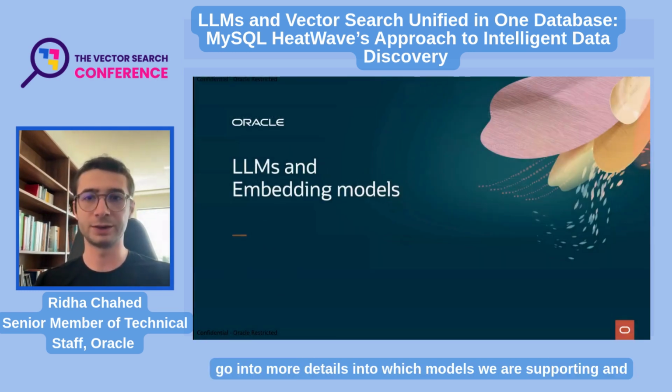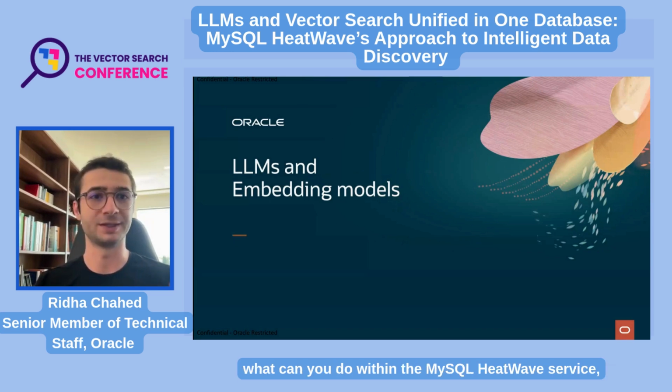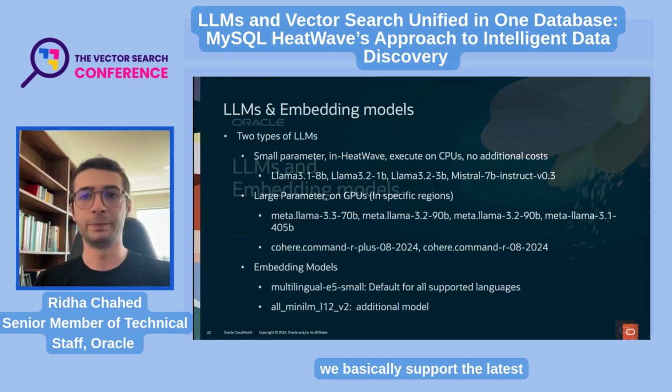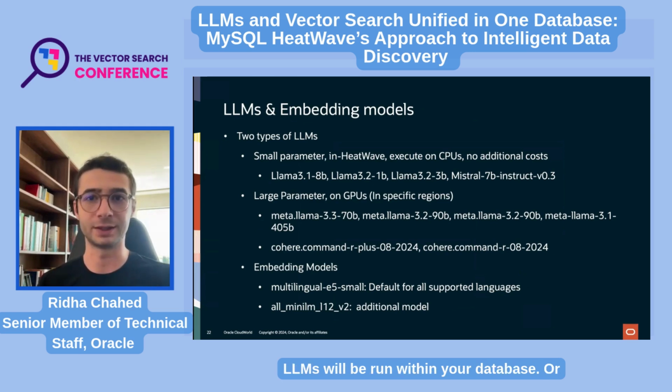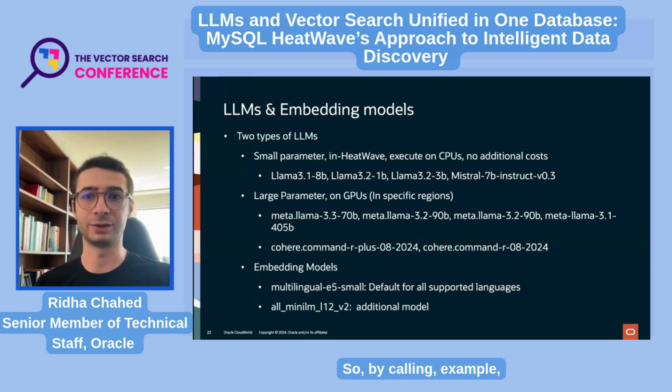If we go into more detail on which models we are supporting and what you can do within the MySQL HeatWave service, we basically support the latest open source LLMs on CPU, which means you will not have any additional cost. All the LLMs will run within your database. We also have support for GPU usage, where you can use the OCI GenAI service and all the biggest and best models right from your database.